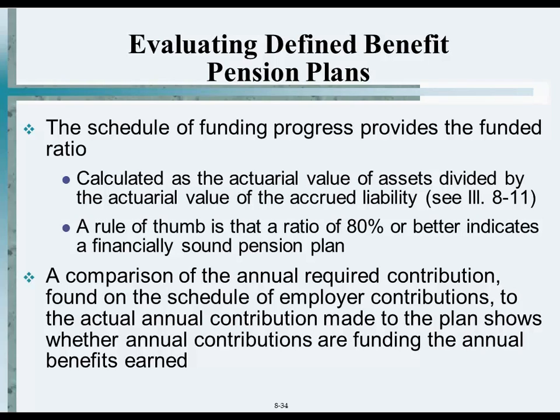Let's assume you were required to put in $1 million, you only put in $500,000. What would be your expenditure under the modified accrual basis? $500,000, because that's what you put in, right? What's your expense? $1 million. Where does the expense show up? In the government-wide statement. Because of that million and you only put in 500,000, what happens? You just created a net pension obligation of 500,000.